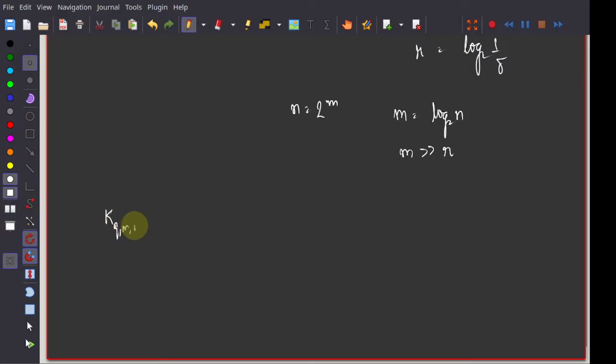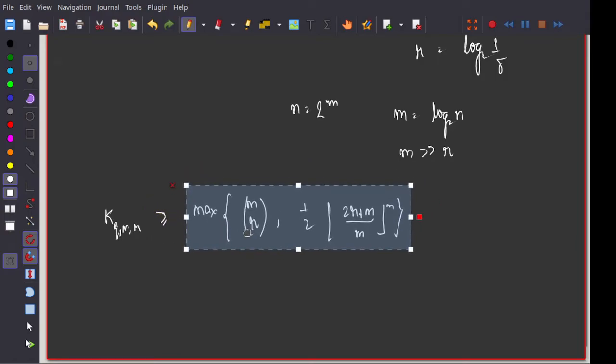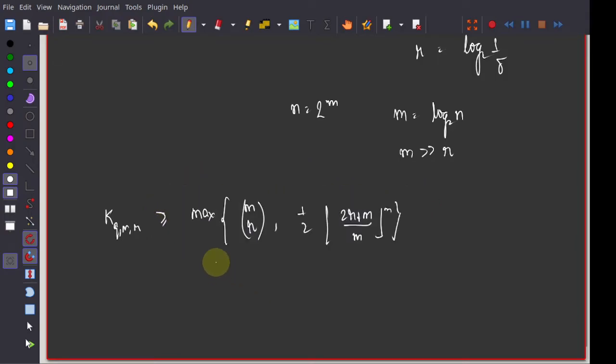Right now I'm just interested in a lower bound.